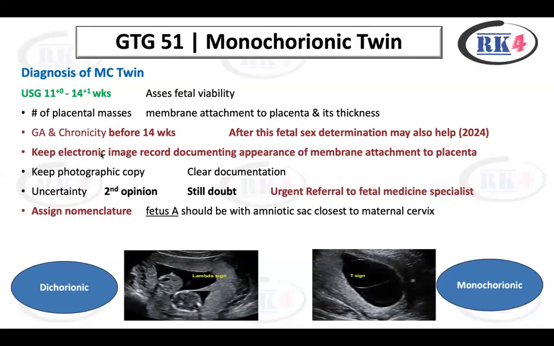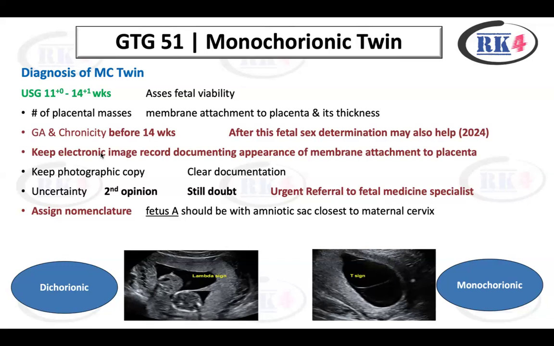Fetus A should be the one with the amniotic sac closest to the maternal cervix. You need to keep this nomenclature consistent throughout the pregnancy monitoring so that you are not confused. And in case a fetal medicine specialist has to do some procedures, he or she should be the one performing the scan so that they know what they are going to do.